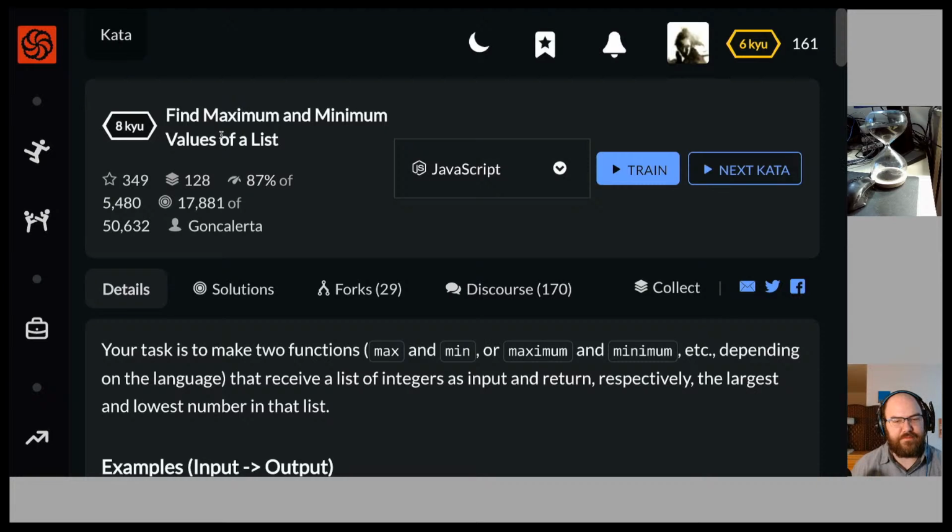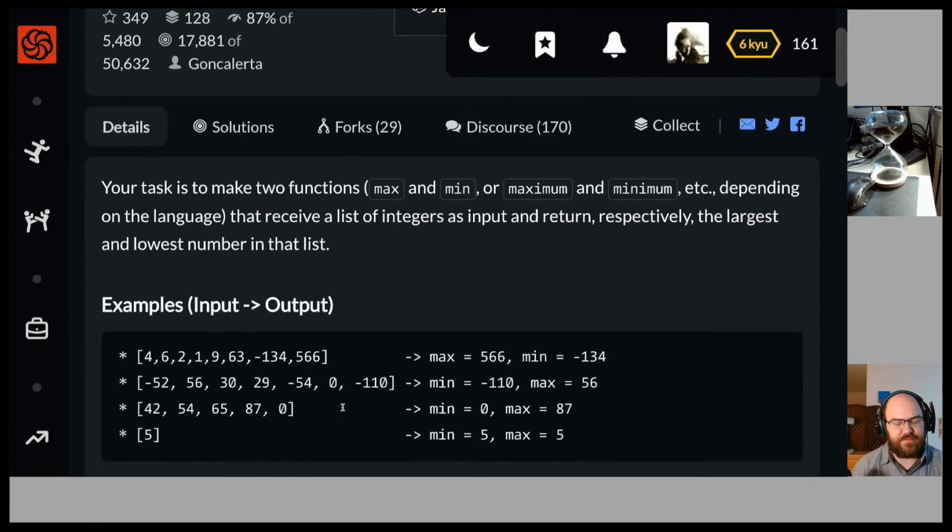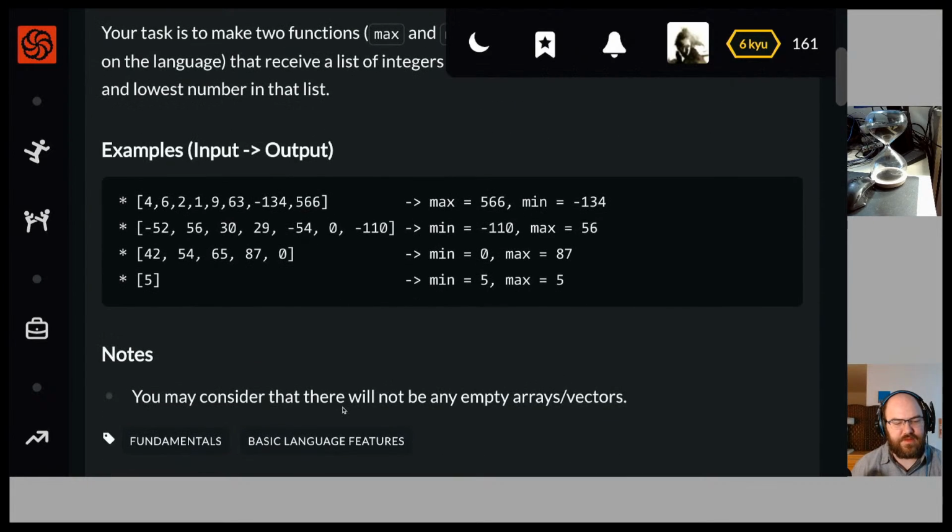Find maximum and minimum values of a list. Your task is to make two functions, max and min, or maximum and minimum, depending on the language, that receive a list of integers as input and return, respectively, the largest and lowest number in that list. Notes: you may consider that there will not be any empty arrays.